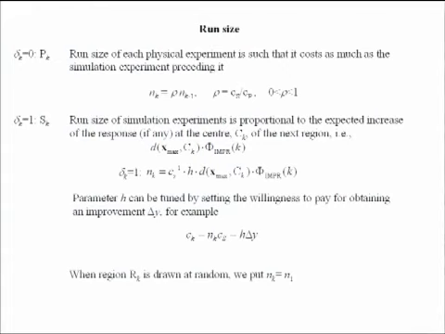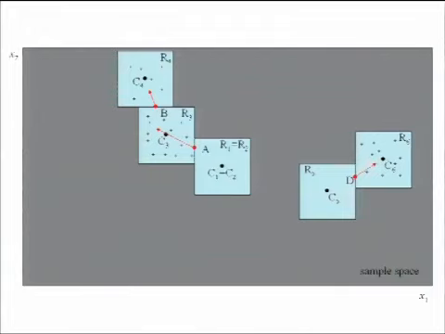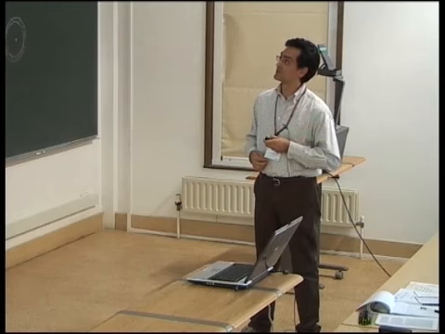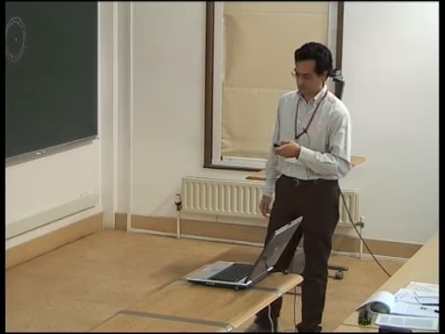When the region is drawn at random, we put again the run size equal to the first run size, when we didn't know anything about the problem. So you will see a different run size. Here the modulus is larger, I have more points. Here the modulus is smaller, fewer points.